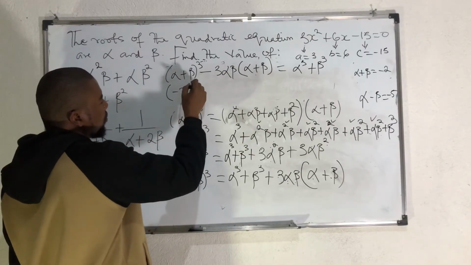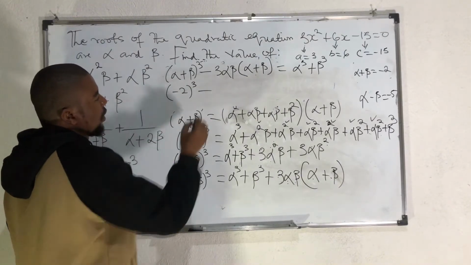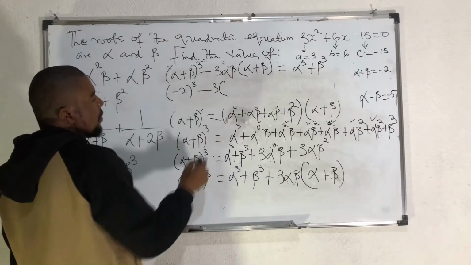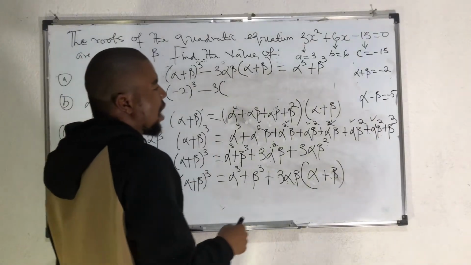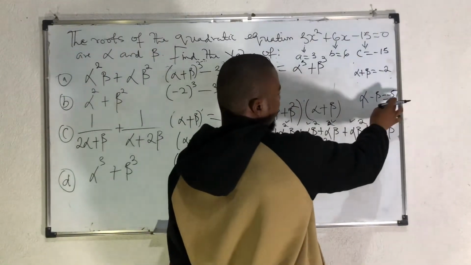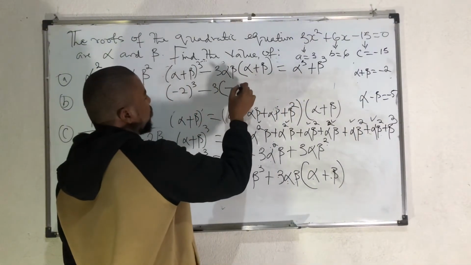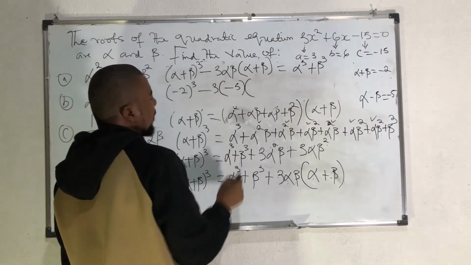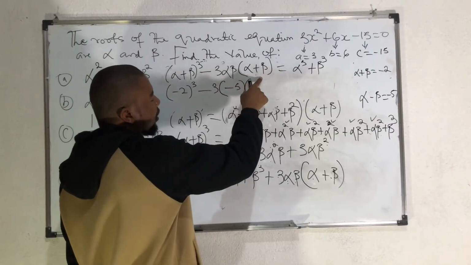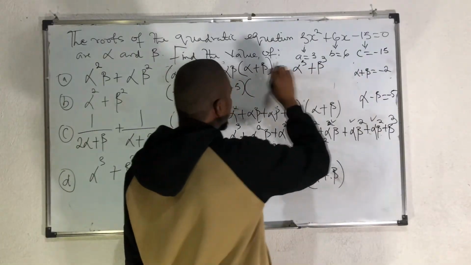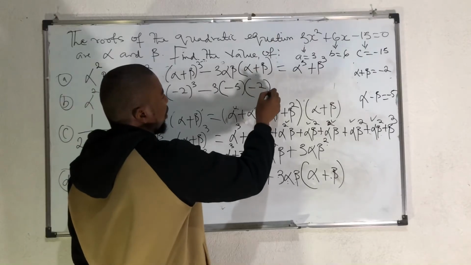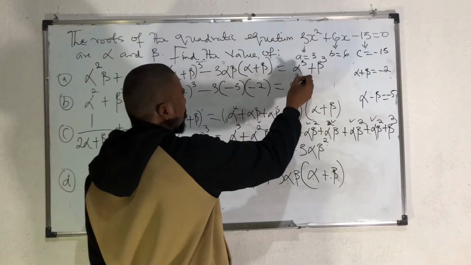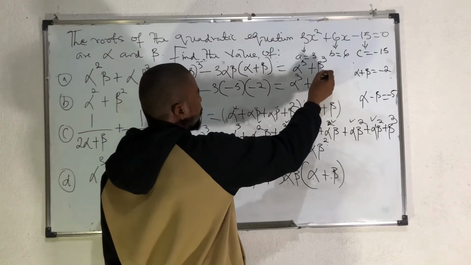We raise it to the power of 3, minus 3 multiplied by alpha times beta, which is negative 5. This is multiplied by alpha plus beta, which is negative 2. This is equal to alpha to the power of 3 plus beta to the power of 3.